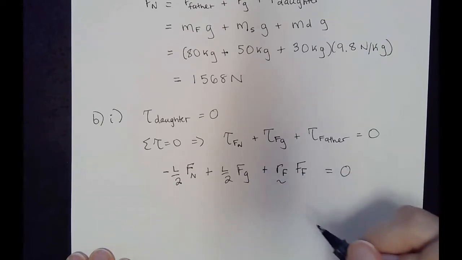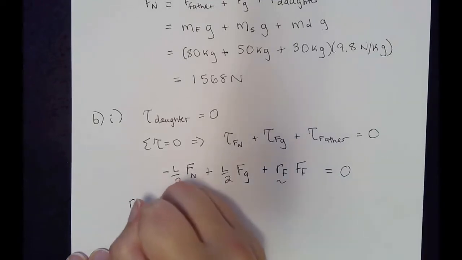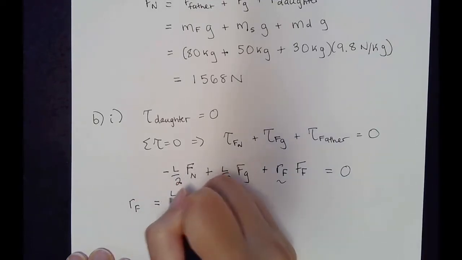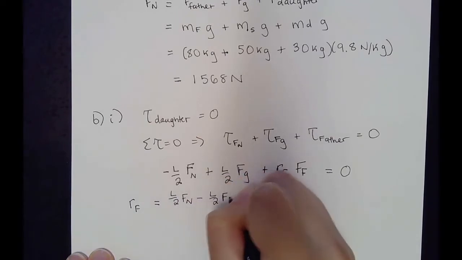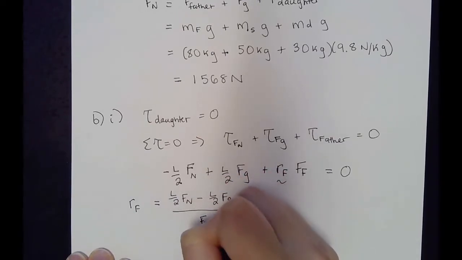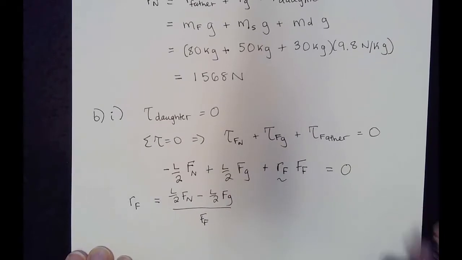All right, so let's solve for Rf. This gives me Rf equals L over 2 Fn minus L over 2 Fg over the force of the father.